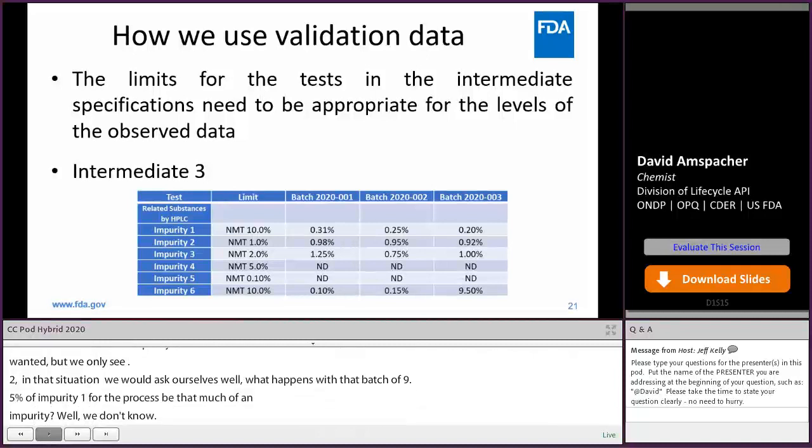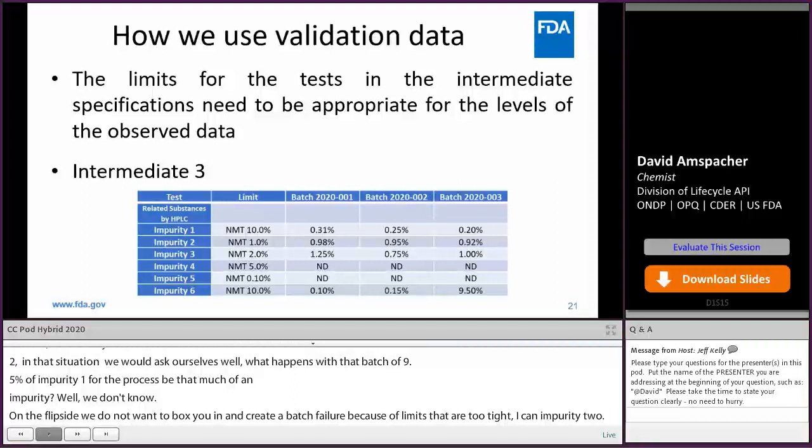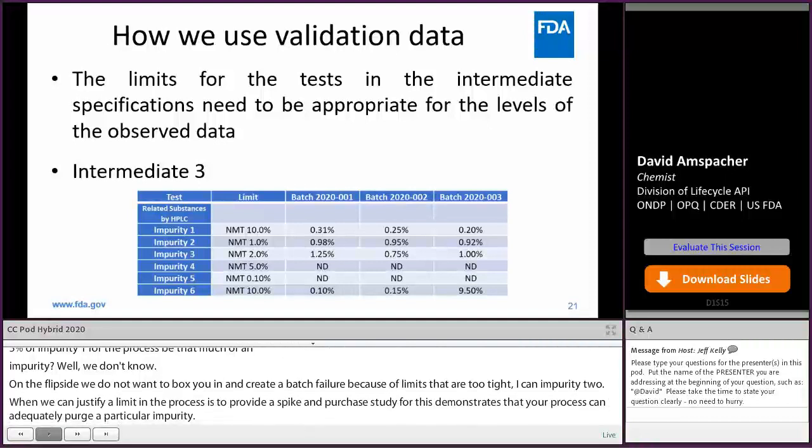One way you can justify a limit in your process is to provide a spike and purge study. This demonstrates that your process can adequately purge a particular impurity. As shown in impurity 3, this limit indicates that you know it is there, and how much you should expect, and you will know if something goes wrong. In impurity 4, we have a similar situation as impurity 1.